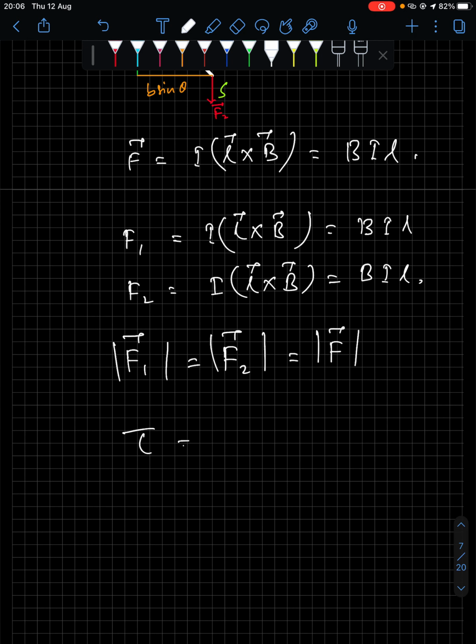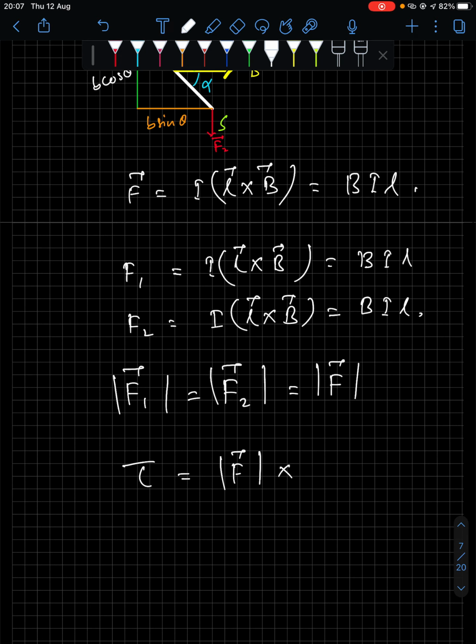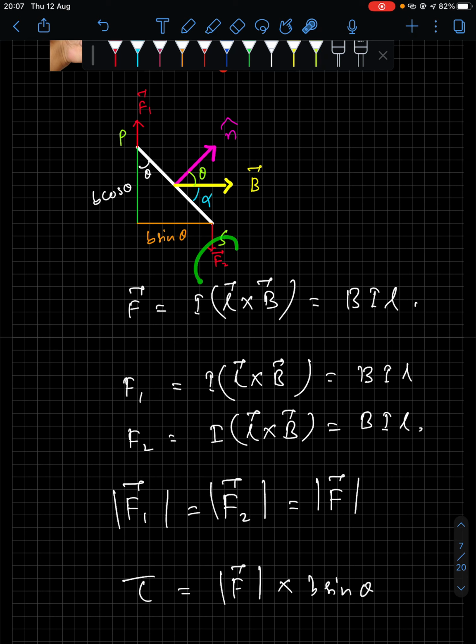Now let's get into the definition of torque. How do you represent torque mathematically? Two equal and opposite forces acting along different lines of action constitute a couple, or you call that a torque. So torque is equal to either force multiplied by the perpendicular distance between the forces, which is B sin theta here.